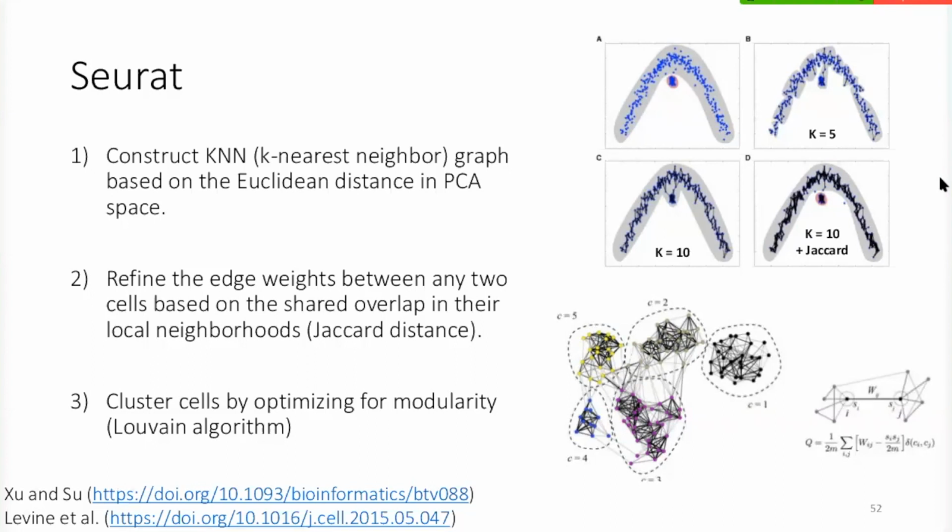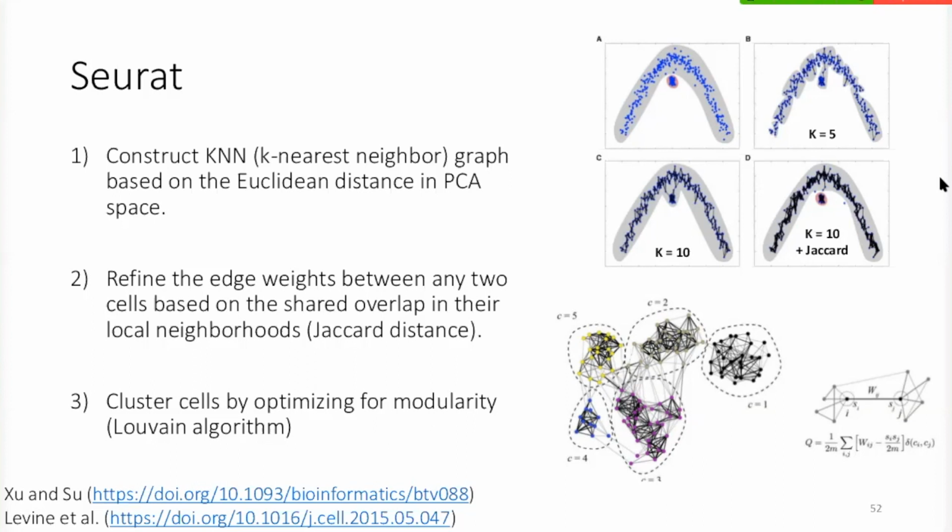The good thing about this one is that you don't really need, in principle, to define the number of clusters. But again, there are a lot of choices that you have made here, starting from the k, for instance, that you look at. That determines how far you are looking in your community, right? So if you look much further away, as you see here, you will end up with fewer clusters.